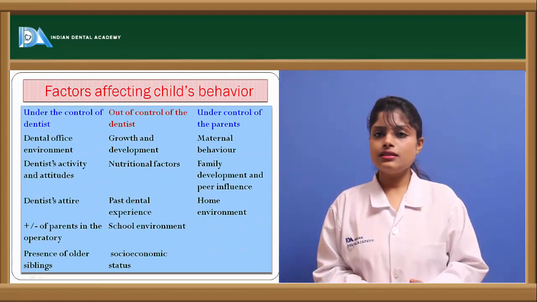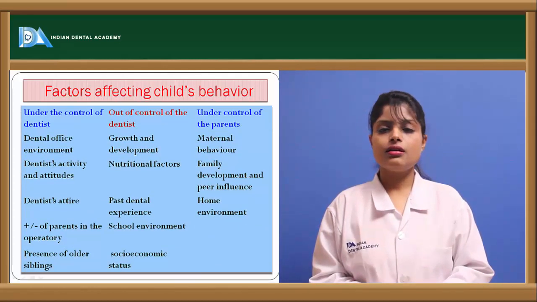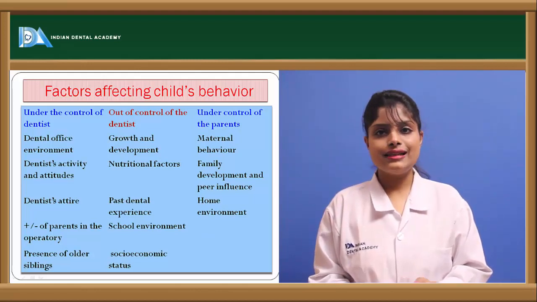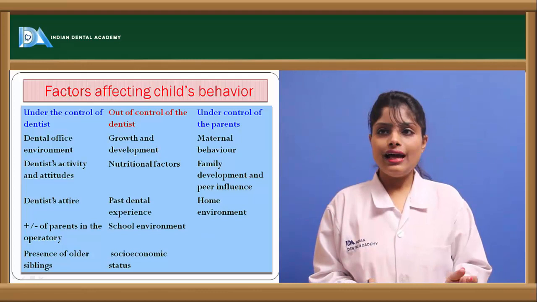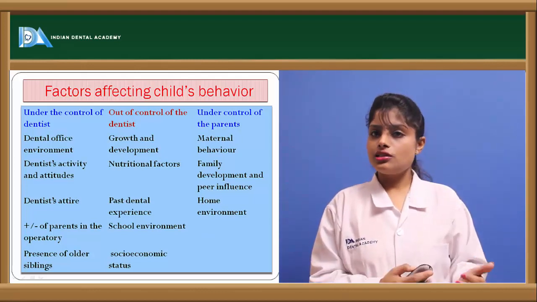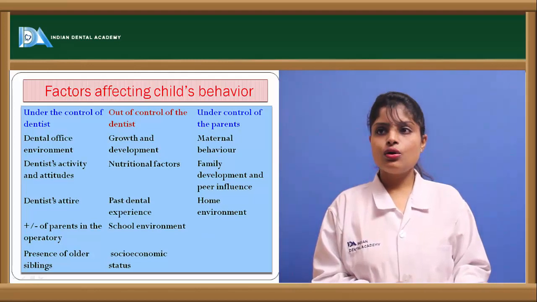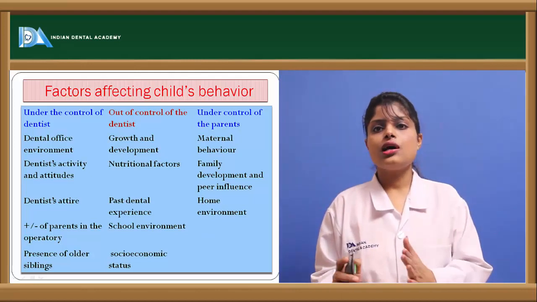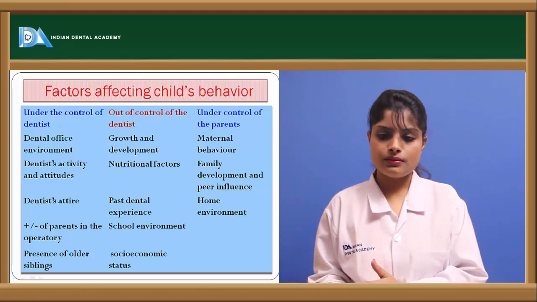Now, there are certain factors, certain things which affect the behavior of a child in the dental clinic. They can be classified as those which are under the control of the dentist, those which are out of control of the dentist, and those which are under control of the parents.